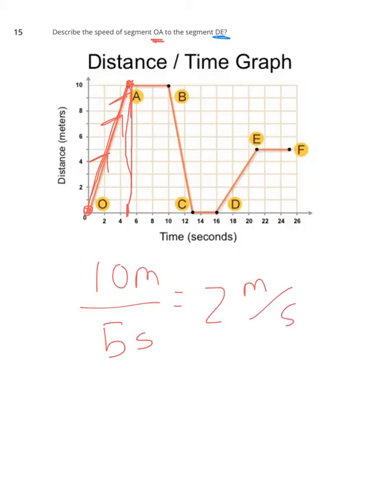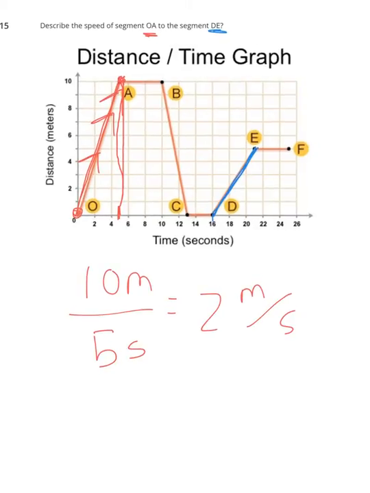When I compare that with segment DE, right here, the distance that I travel starting out at 0 and ending at 5 is 5 meters. I'm going to divide by my time. I start out at 16 and I end up at 21. So that is 5 seconds.